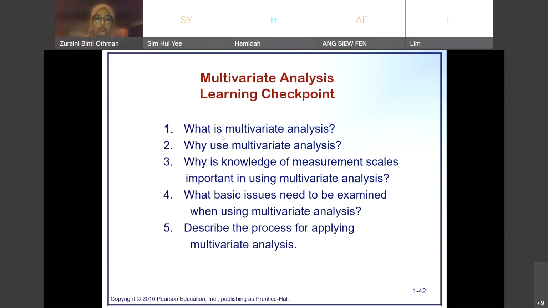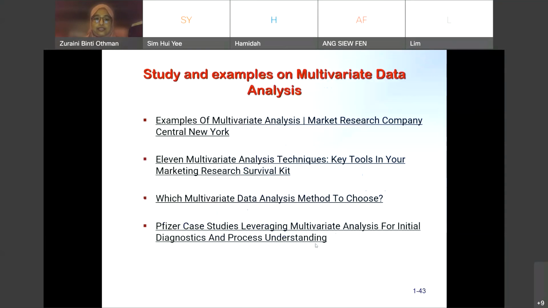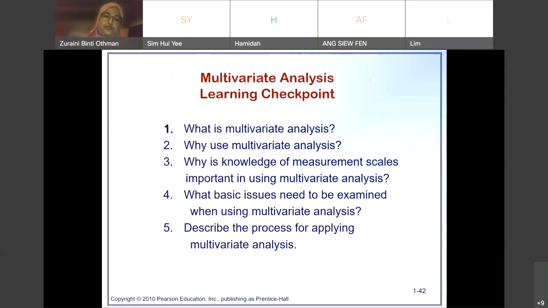For this chapter, what you have to know: what is multivariate analysis, why use multivariate analysis, why is knowledge of measurement scale important in using multivariate analysis, what basic issues need to be examined when using multivariate analysis, and describe the process for applying multivariate analysis. Okay, this is the end of the slides for introduction to multivariate data analysis.